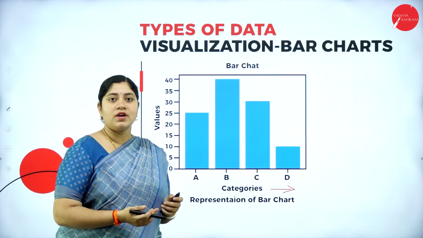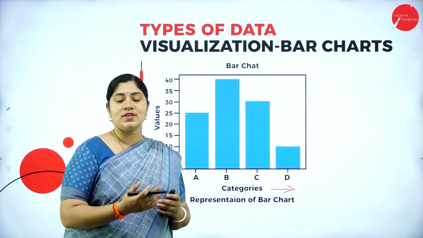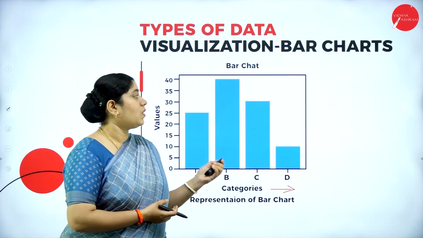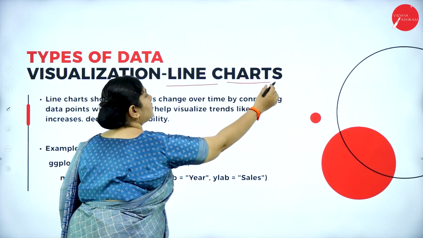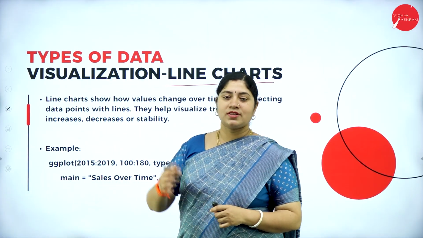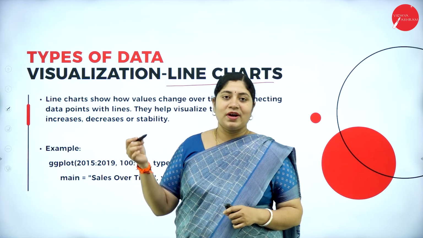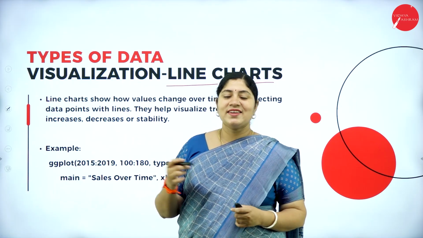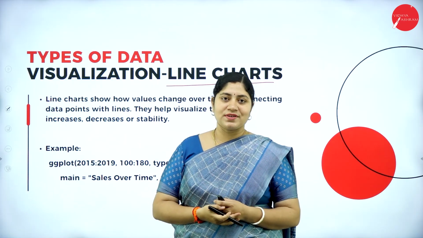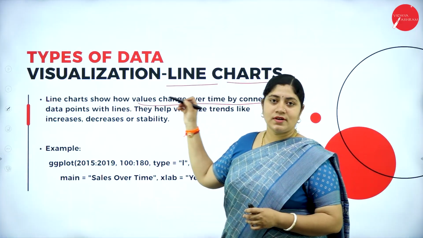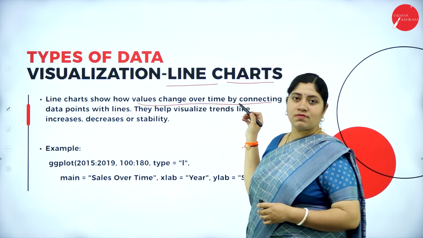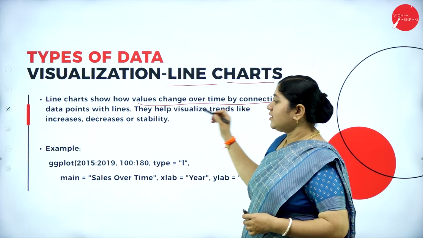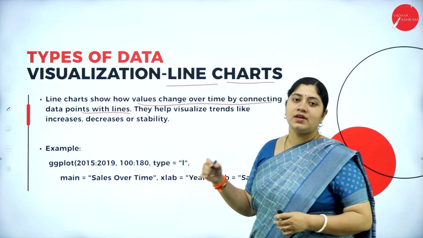So let's move forward and let's see what is the second data visualization technique or type. That is the line chart. So a line is nothing but a simple line, but what varies there is the values as well as the categories that we define. So we can define line charts in order to represent the change in the values over time, connecting data points with the lines, correct?